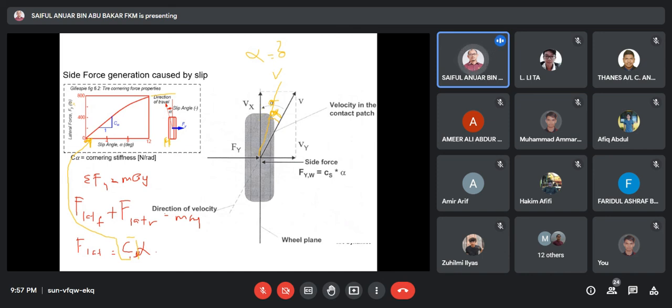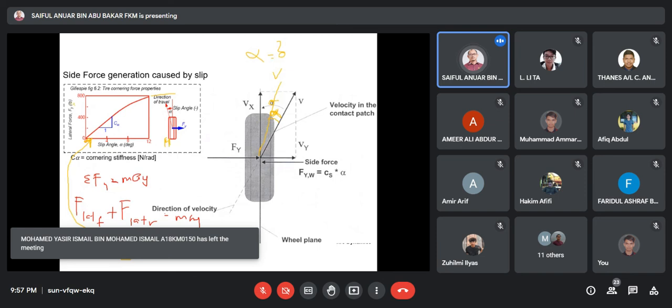Where for this figure, we are assuming that slip angle is equal to wheel steer angle, meaning that it's the ideal condition yang dia akan achieve lah, meaning that if we want to go towards a certain direction, we need to steer 5 degree, but the cars will go also 5 degree.